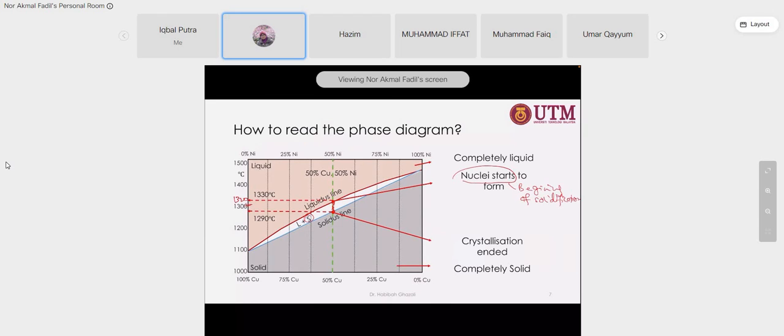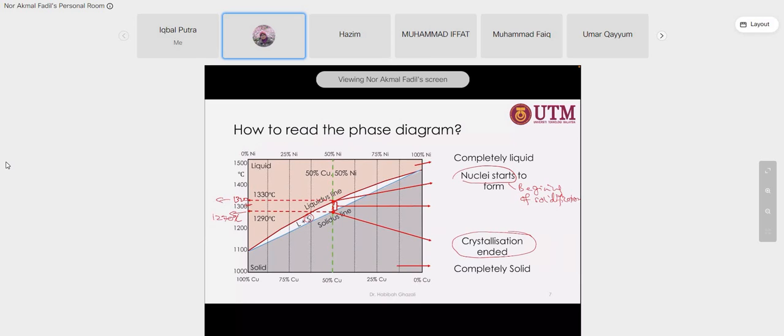So crystallization will end at this point. Now you understand. For example at 1,270 degrees Celsius, you can ensure it is completely 100% solid. There will be no more liquid in your cast material.